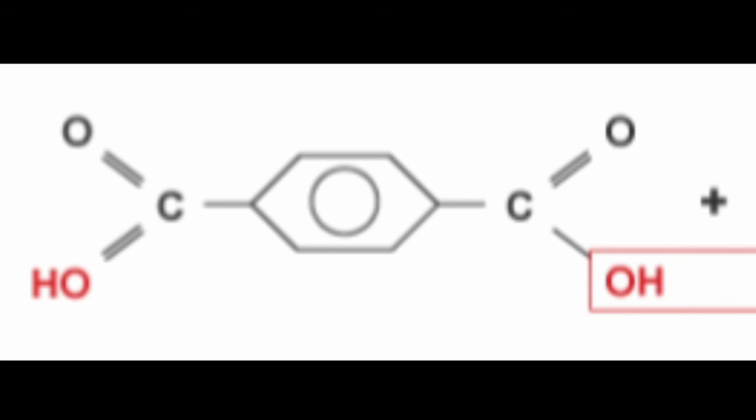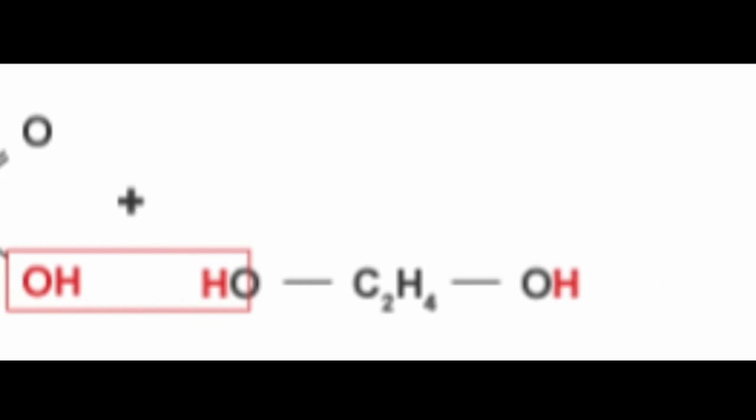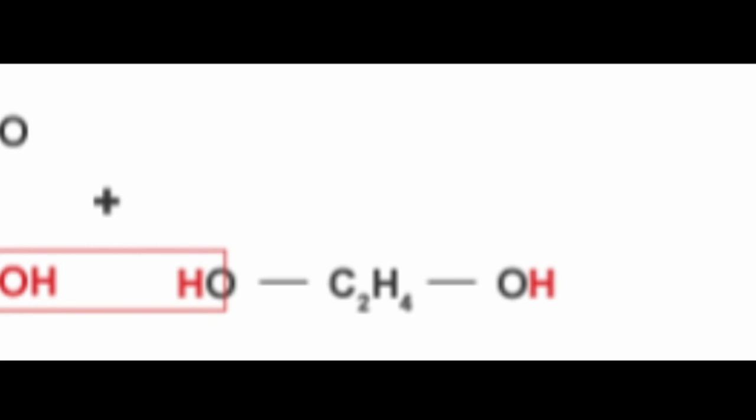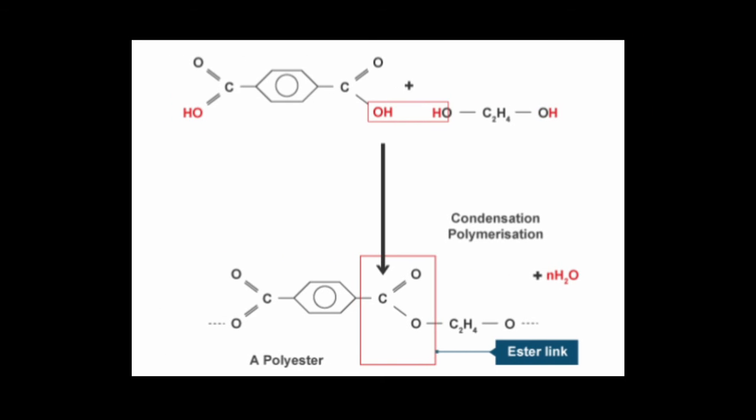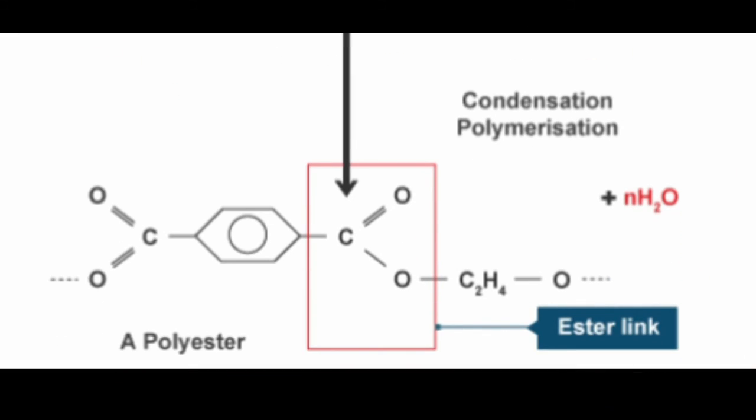The name for the dicarboxylic acid is terephthalic acid, and for the diol, it is ethane-1,2-diol. The terephthalic acid's OH and the diol's H react in a condensation reaction and form this polyester. As you can see, an ester link is also formed.